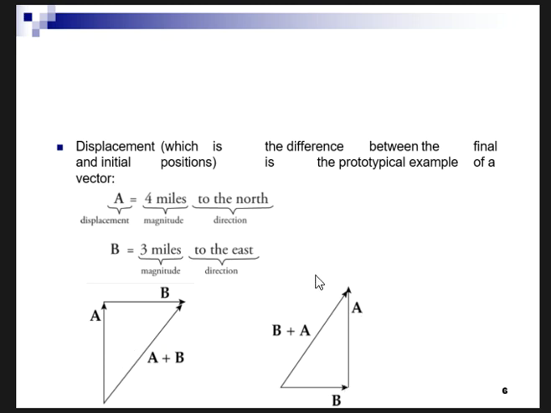For the second figure, we can see that this one is also vector A, going to the north. Vector B is going to the east too. B plus A is the resultant. So dua-dua ni kita boleh guna, sama sebenarnya.